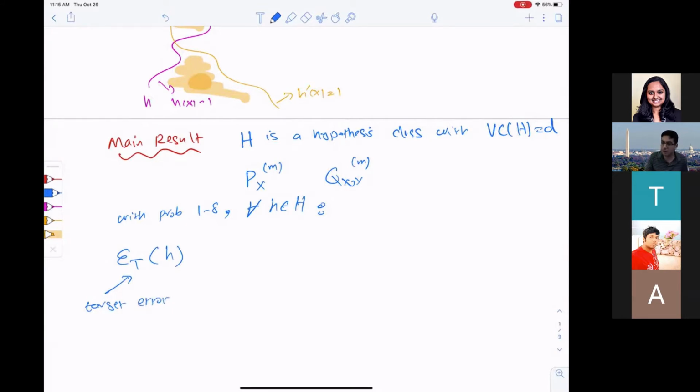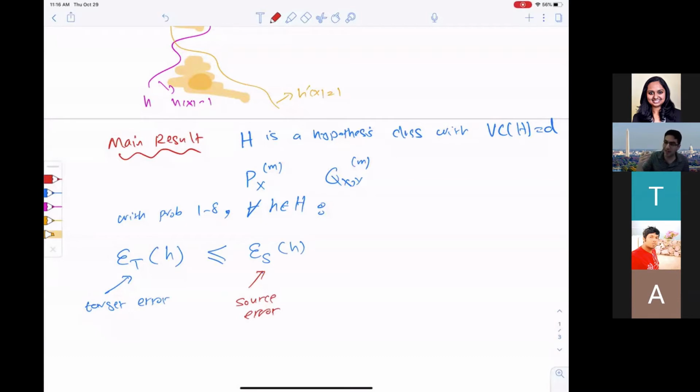But unfortunately, I don't have labeled target samples. So this result shows that the target error can be bounded by the error in the source, that's the source error. So that's good, right? It means that if I minimize my source error, I'm basically minimizing an upper bound on my target error.